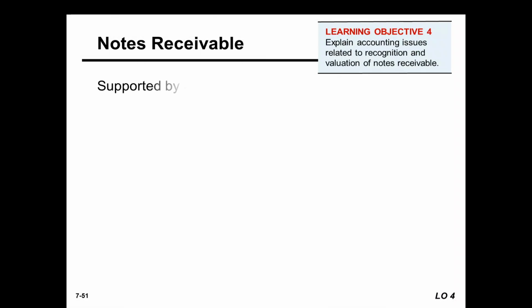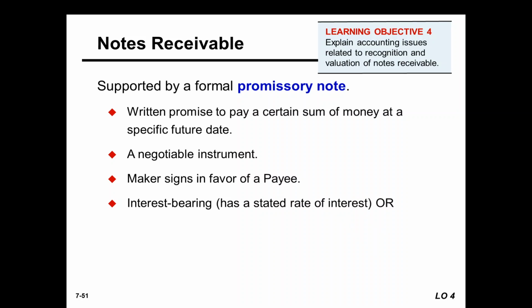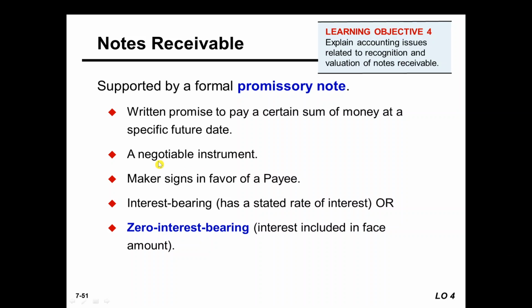Notes receivable is actually a formal promissory note, a written promise for a customer to pay a certain amount of money at a specific future date.